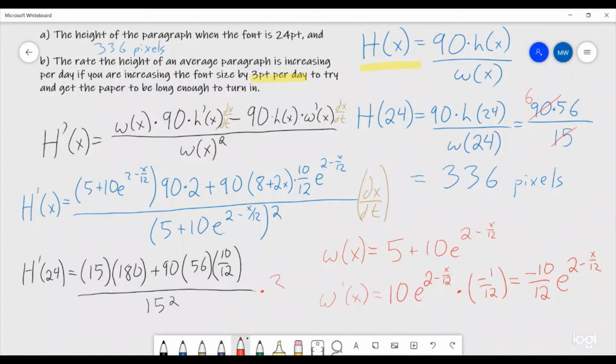Well, dx dt is 3, and so now we just have to simplify whatever this is.